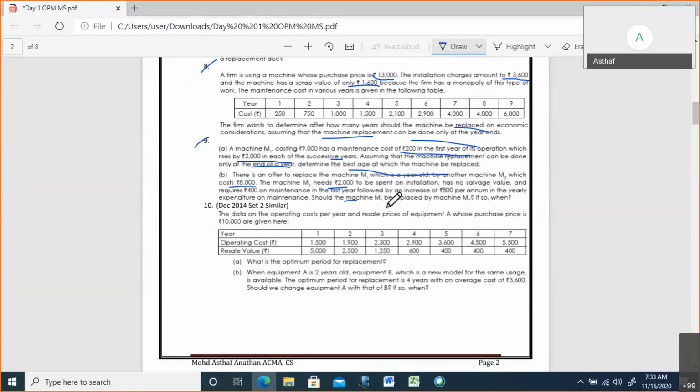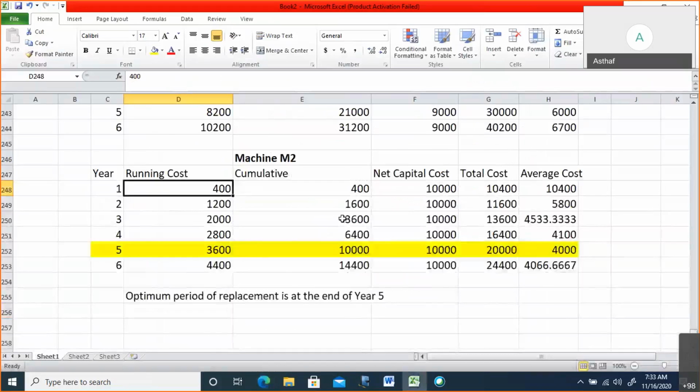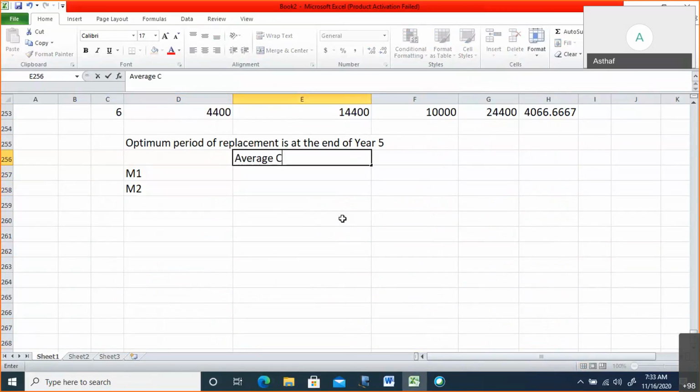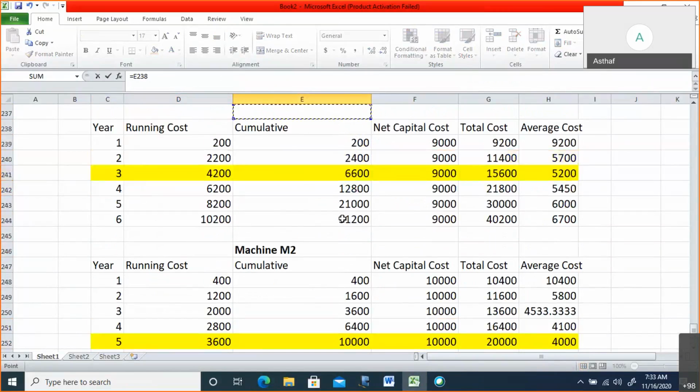Should M1 be replaced with M2, and if so, when? See, your M1 average cost is 5,200.